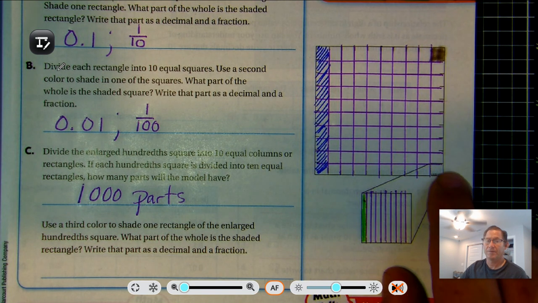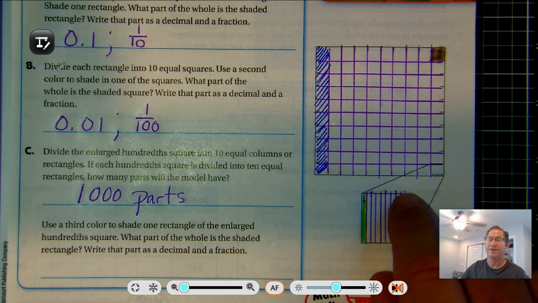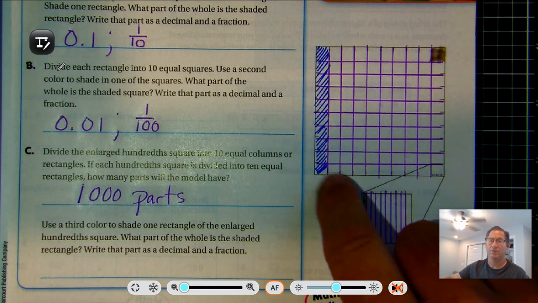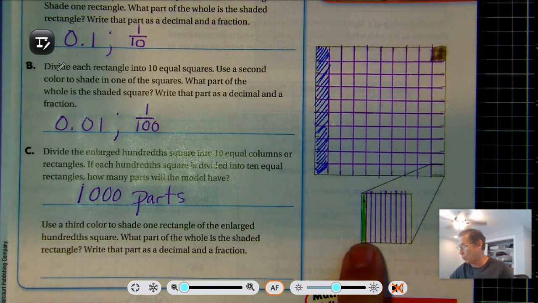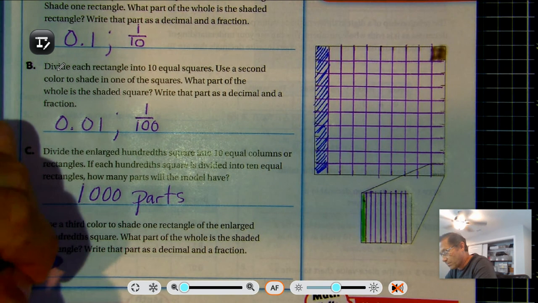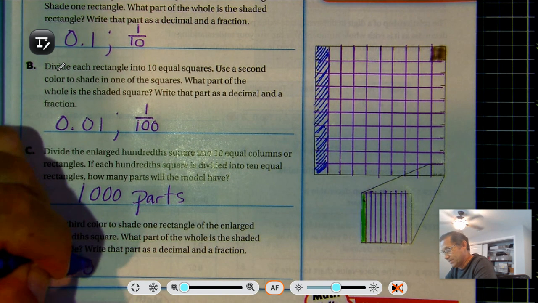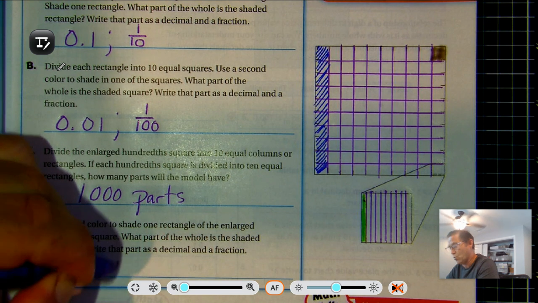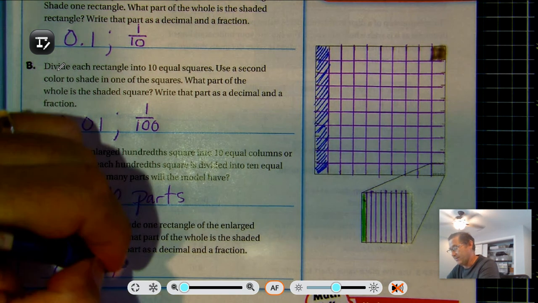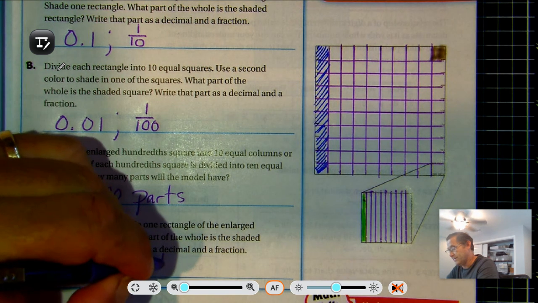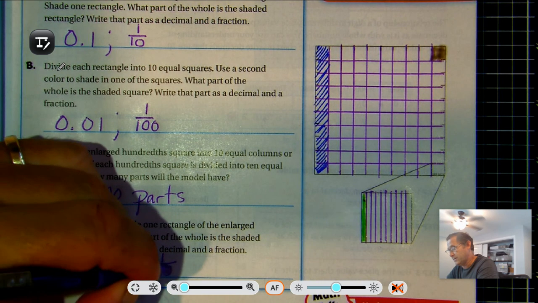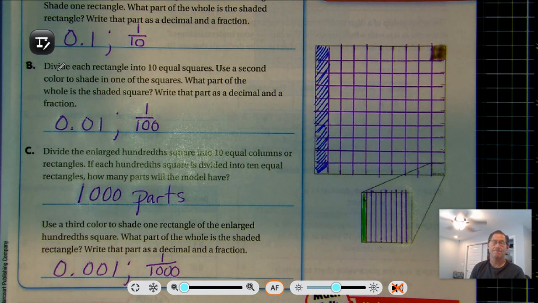If we take the hundredth square and break it into 10 pieces each, there would be 1,000 of these rectangles throughout. So if you only color one of them, we would write that as 0.001. And the fraction would be 1 over 1,000. Okay, so simple as that.